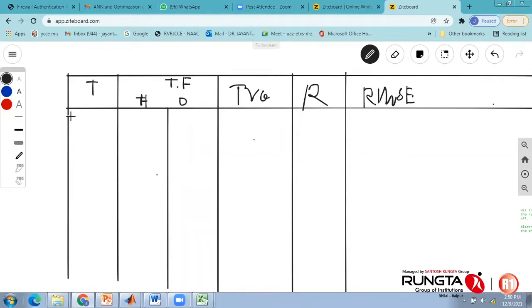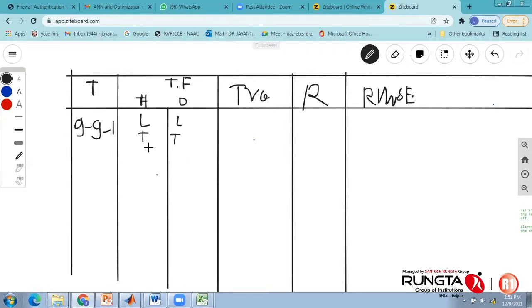So let's talk about, in our case, one simple topology of, say, 9, 9, 1. If I have started with this single topology, logsig is one option. Tansig is another option.